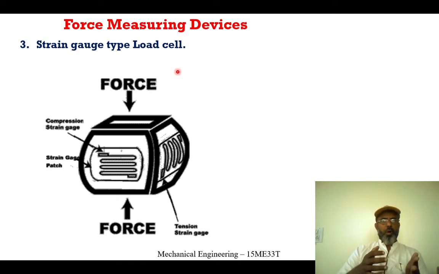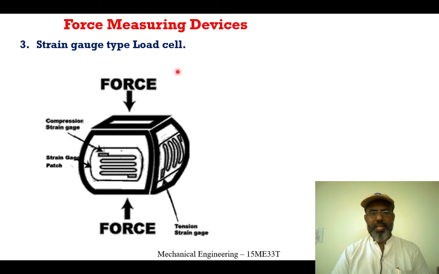It means any force measuring device we are going to discuss, it works on Hooke's law. That is, for elastic deformation of either a spring or a proving ring or a load cell, the deforming force is proportional to the change in length or change in deformation. This is the principle employed in all the 3 devices.